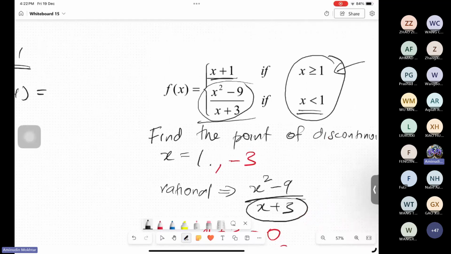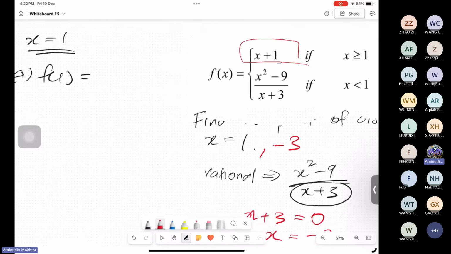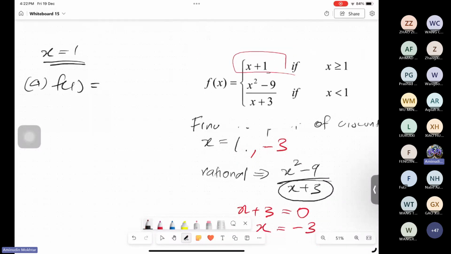When x equals 1, we must apply the linear part: the function is x plus 1. So when x equals 1, y equals 1 plus 1, which is 2.